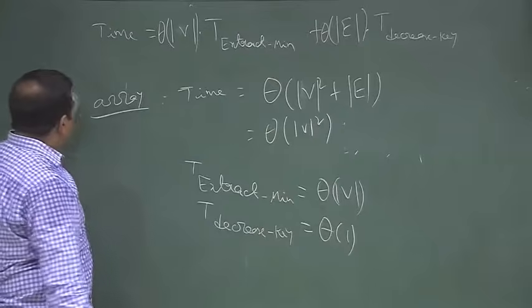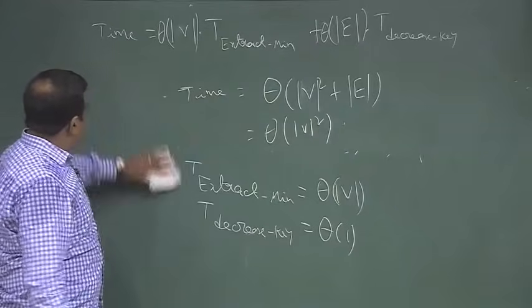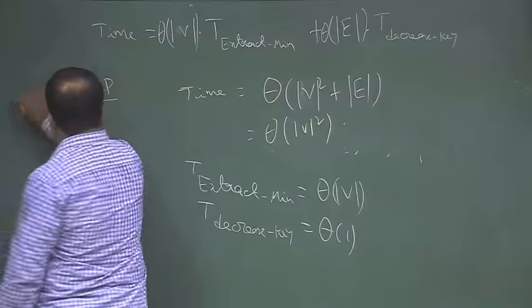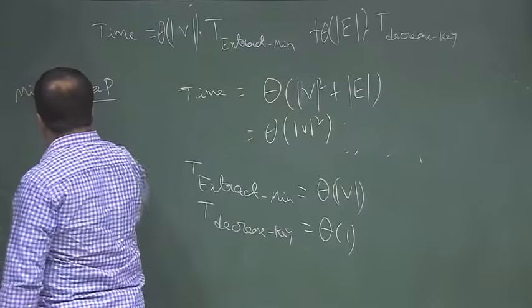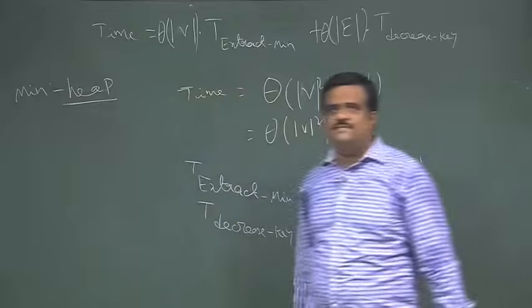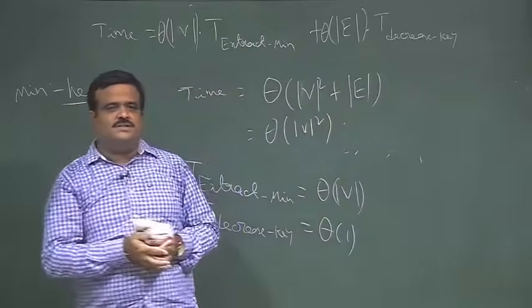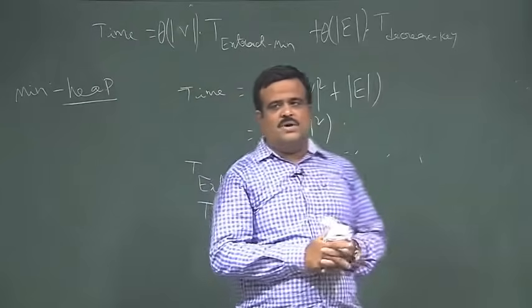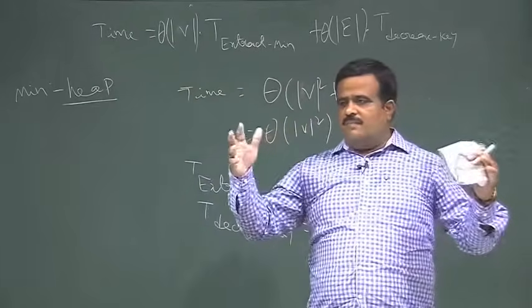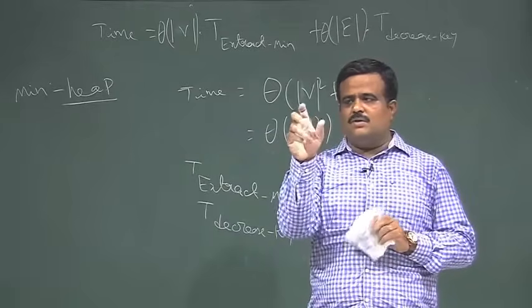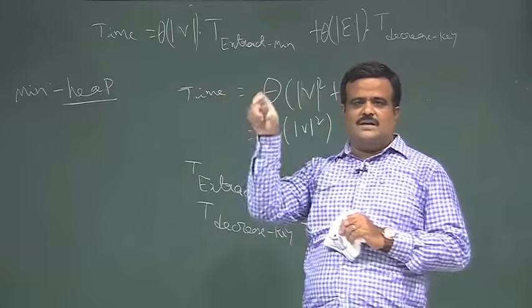Now, suppose we are using a min heap for this priority queue. We know the max heap; similarly, min heap is basically a heap. We know heap is a data structure which is basically an array viewed as a binary tree. For the ith element, the children are 2i and 2i plus 1.